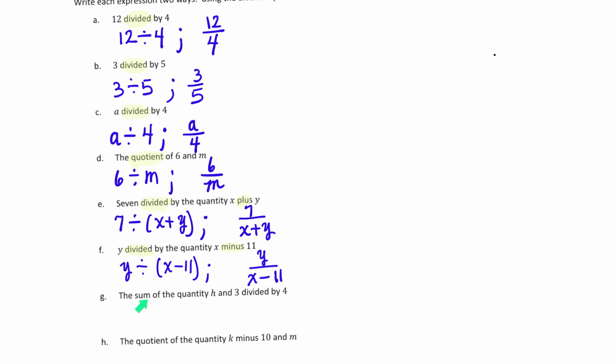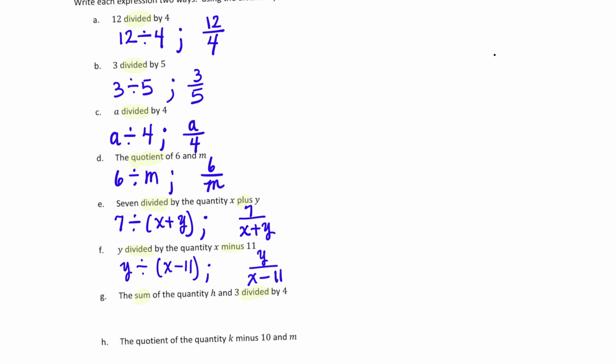Next one, the sum of the quantity h and 3 divided by 4. So let's do our highlighting. There's the sum and the quantity divided by 4.